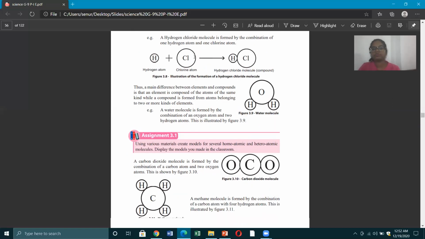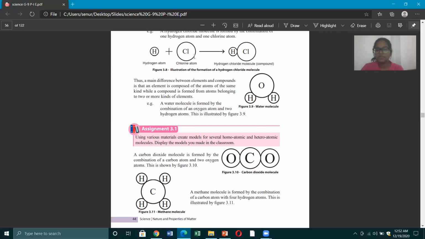Okay. Thus, a main difference between elements and compounds is that an element is composed of atoms of the same kind. That is what I told you. So, elements, children, the atoms are of the same kind. If you take H2, two H atoms are together. If you take N2, two N atoms are together. But the difference here is that compounds are formed from atoms belonging to two or more kinds of elements.